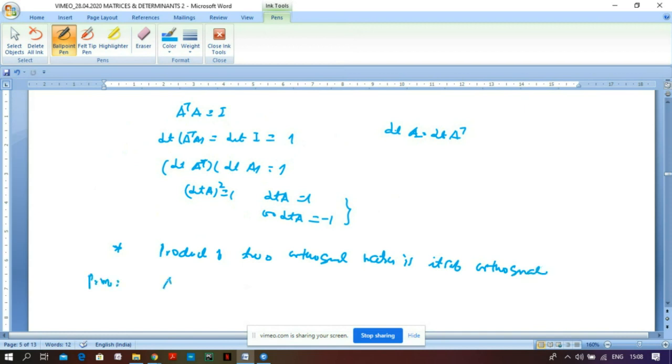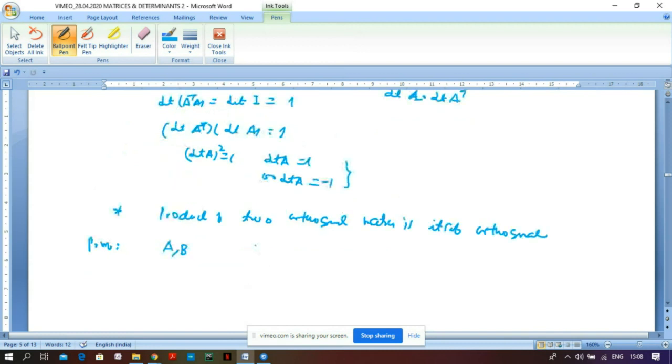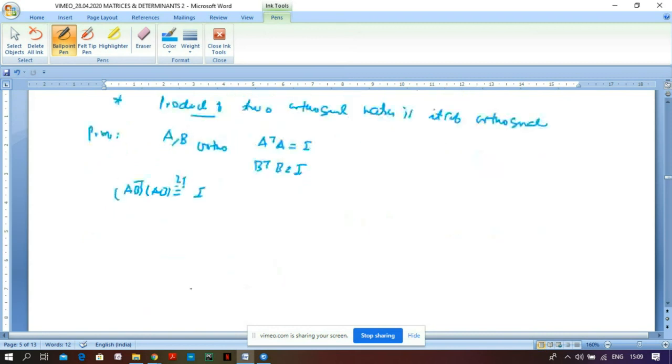Let A and B be orthogonal. Orthogonal means A transpose A equals I and B transpose B equals I. Now you want to prove AB is orthogonal, that the product is orthogonal. So you want to prove (AB) transpose times AB equals I, with a question mark because we have not done it yet.